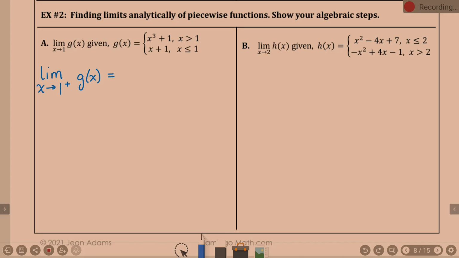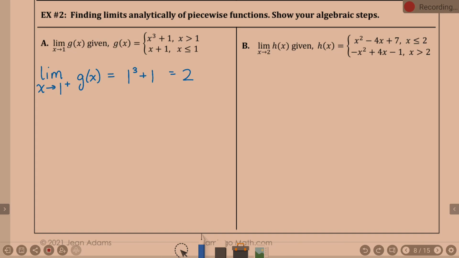Yeah. And so the greater than 1 is x cubed plus 1. So mathematically, we're going to be doing what? 1 cubed plus 1. What is 1 cubed plus 1? 2. So that's the limit from the right.